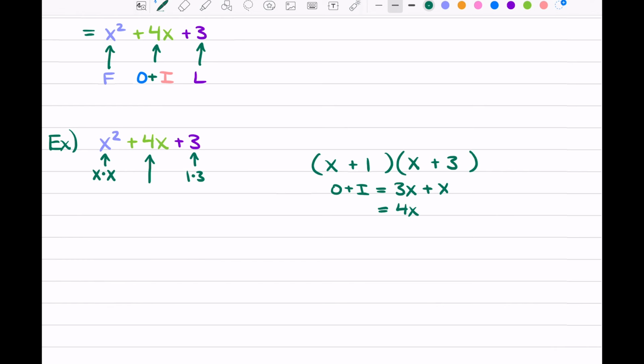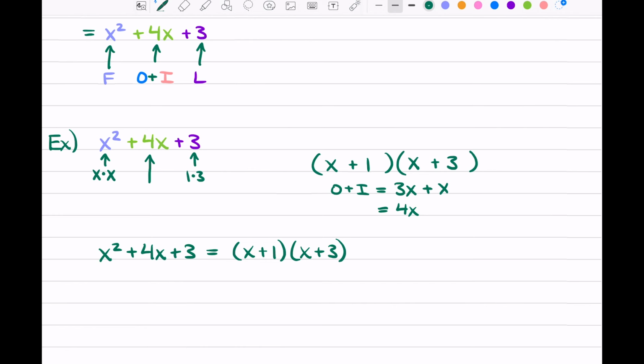That leaves us with 4x. So that confirms that we have the correct polynomials to multiply. So we can say that x squared plus 4x plus 3 equals x plus 1 times x plus 3.